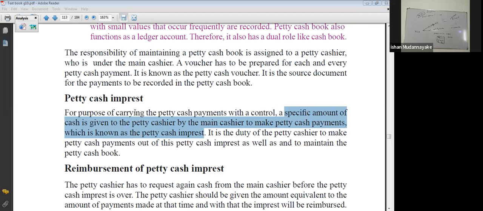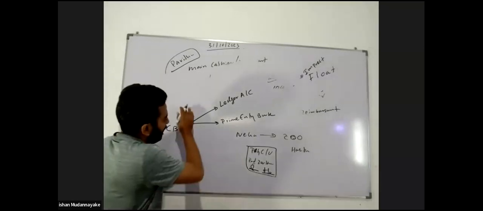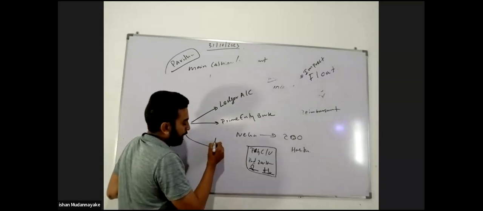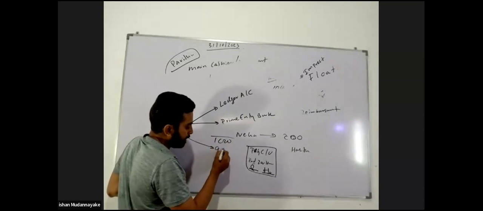So what if the petty cash is not enough? Then the main cashier will repay the required amount to the petty cashier again. Okay, Manuri? I already told you. Pavitran paid, and the remaining cash balance is 1,000. Last month's expense is 9,000.